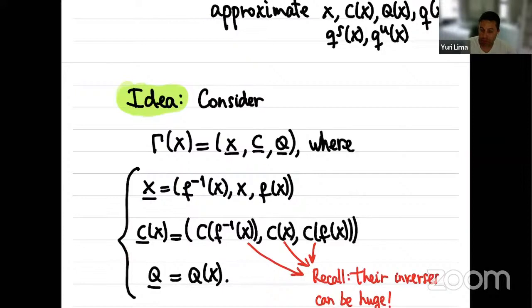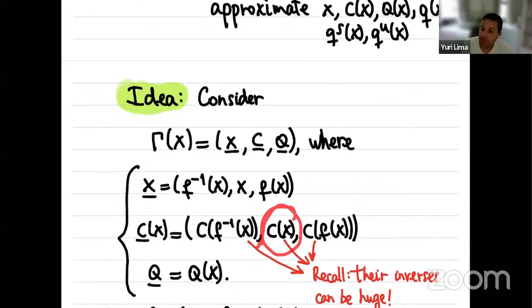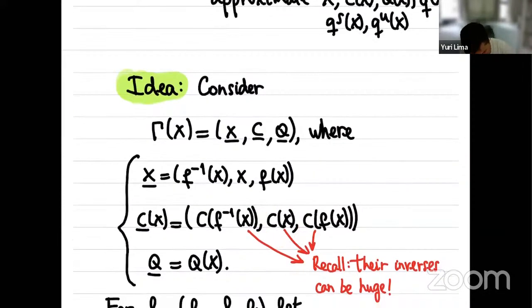For matrices to belong to a bounded set, their norms and their inverse norms have to be bounded. And the inverse norms of these guys can be huge, because what C is doing is getting 2 vectors which are perpendicular and sending two vectors which might be making a very small angle.